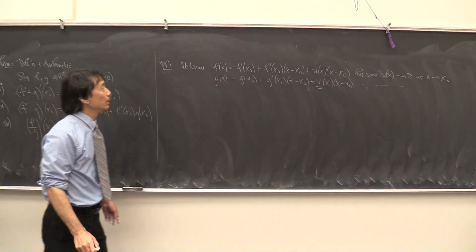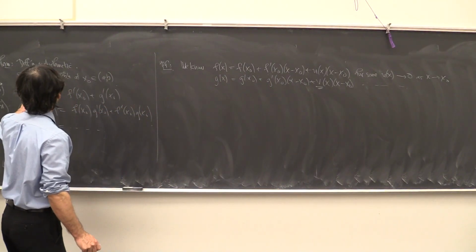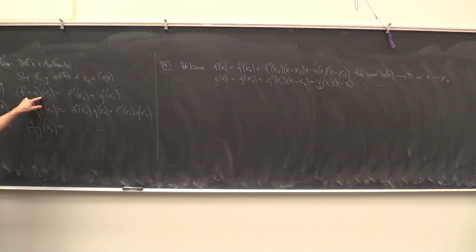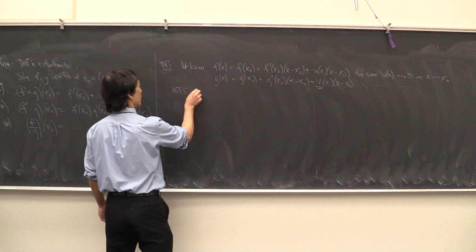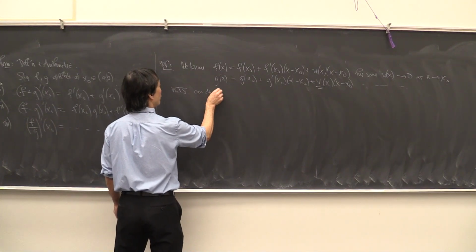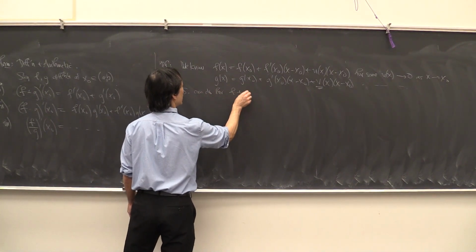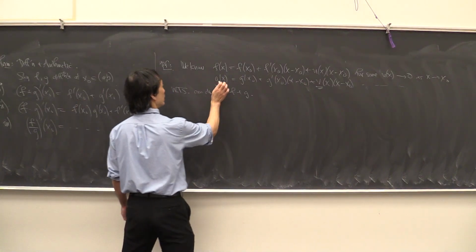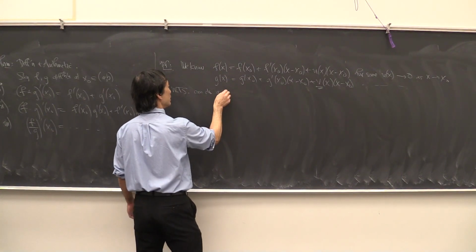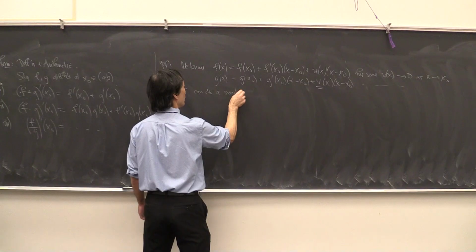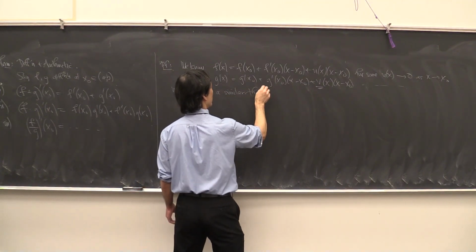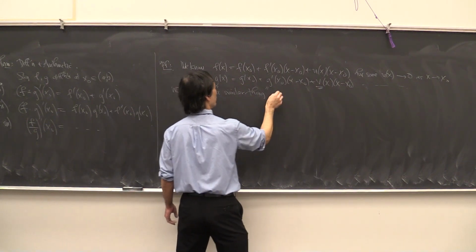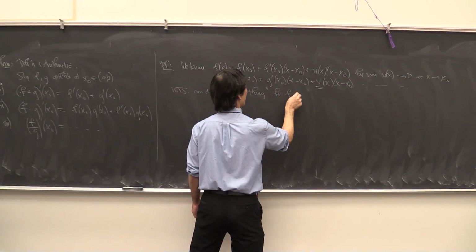Okay, and we want to show that we can do such a thing for f plus g. We want to show we can do the same thing, a similar thing, for f plus g.